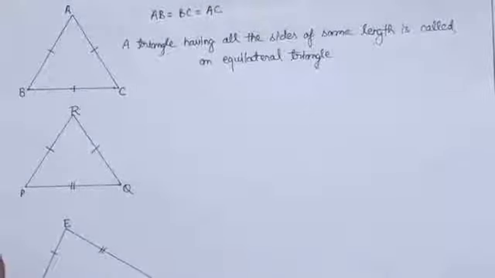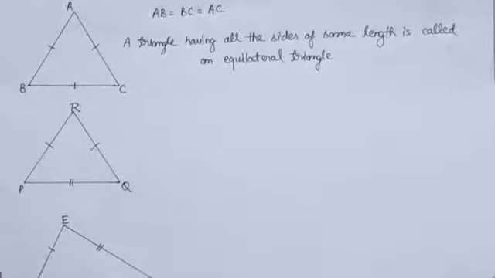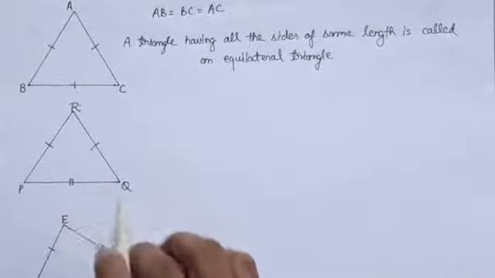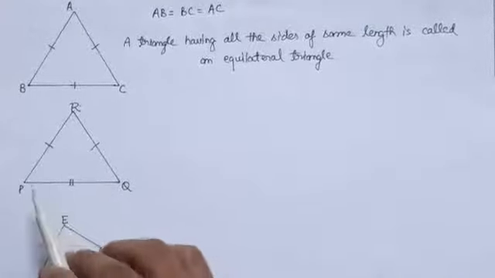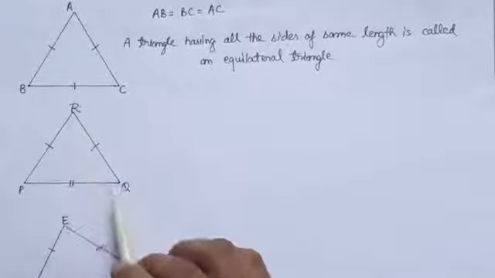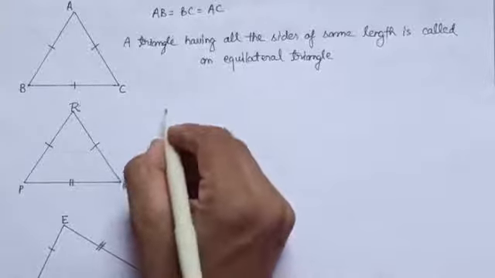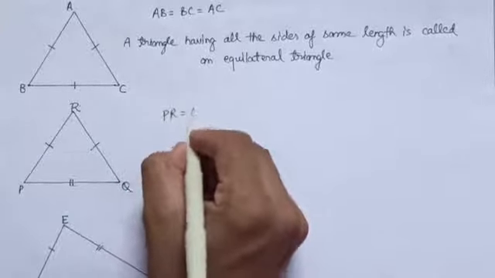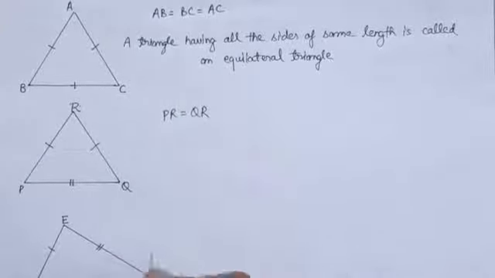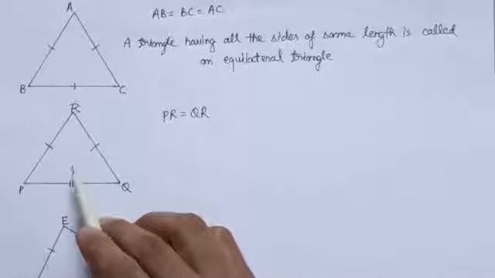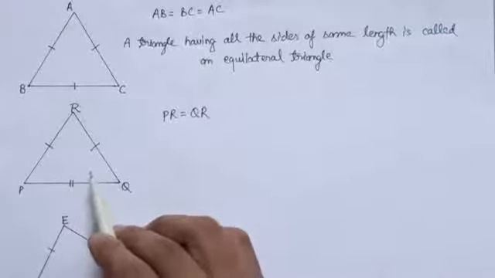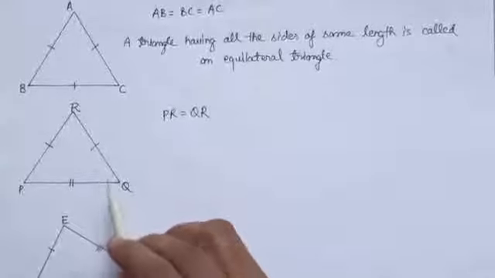Now let us see the second one. In this triangle PQR, you can see that the two sides PR and QR have the same length. That is, PR equals QR. Such a triangle in which two sides have the same length is known as an isosceles triangle.